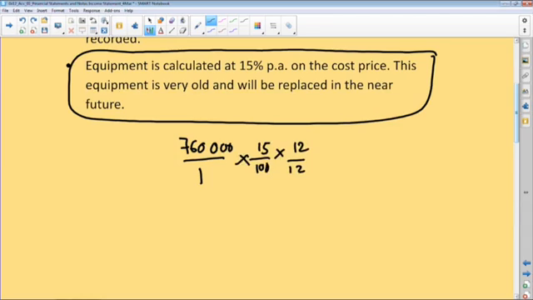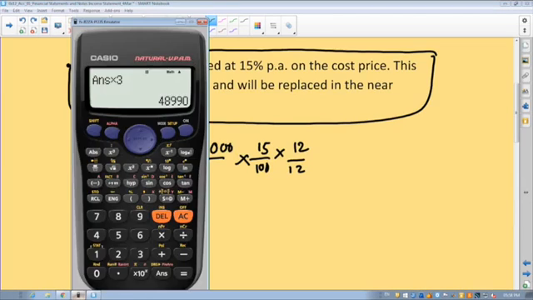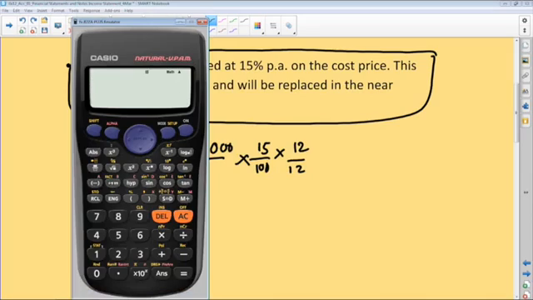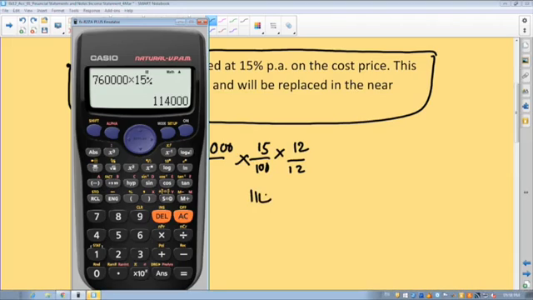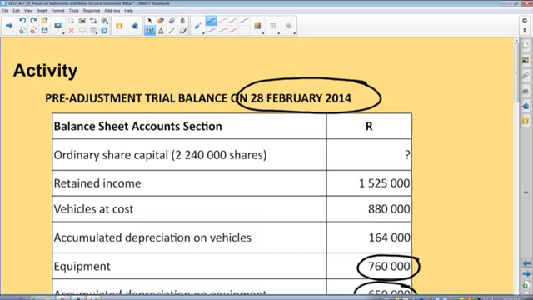And if I go to my calculator and I say 760,000 times 15, will give me a figure of 114,000.